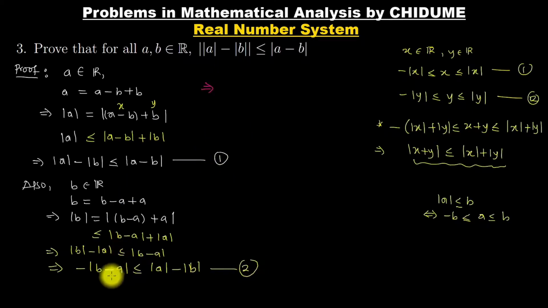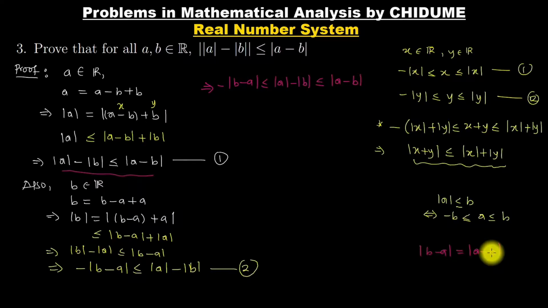Let me begin with the second inequality: negative of the absolute value of B minus A is less than or equal to the absolute value of A minus the absolute value of B. Now let me continue with the first inequality: the absolute value of A minus the absolute value of B is less than or equal to the absolute value of A minus B. And you know that the absolute value of B minus A is the same thing as the absolute value of A minus B.